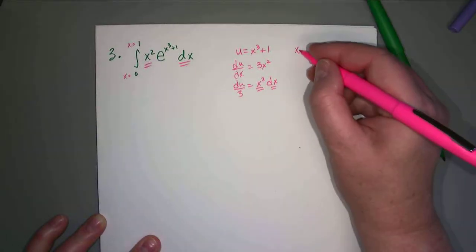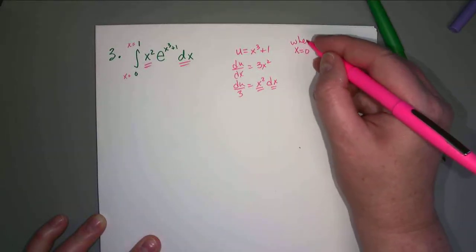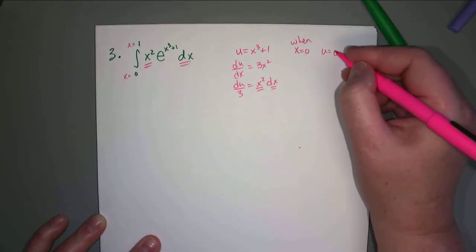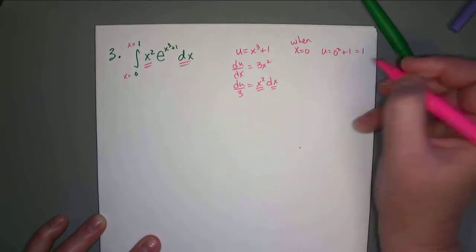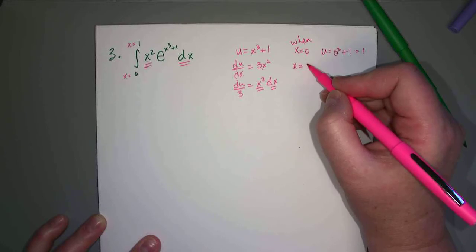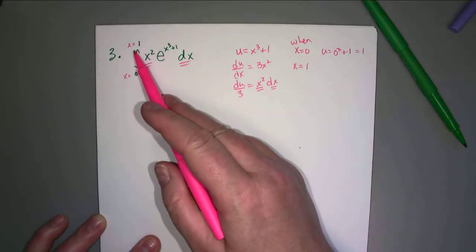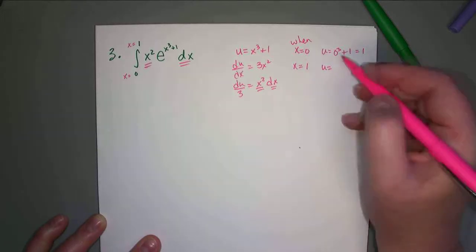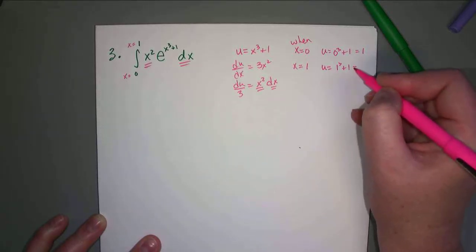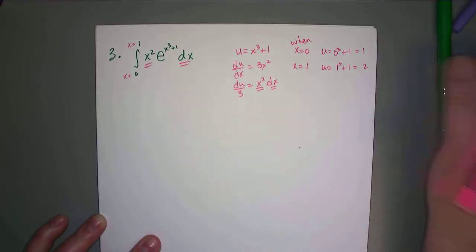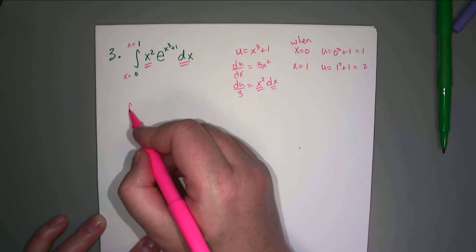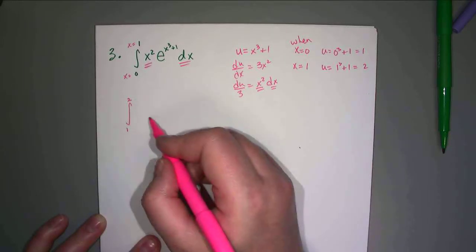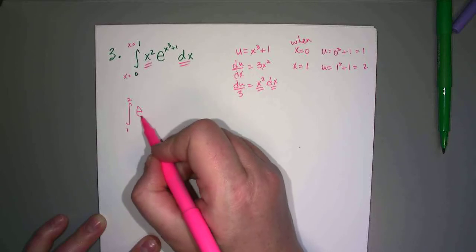So when x is 0, then u will be 0 cubed plus 1. And when x is 1, u will be 1 cubed plus 1. So 0 changed to 1, and the 1 changed to 2. Deal with your u first, so e to the u.